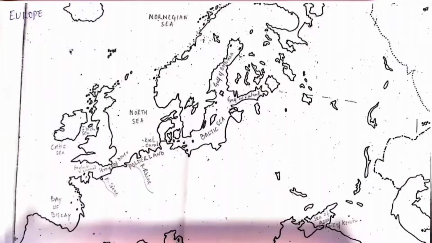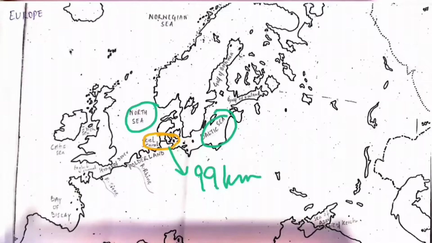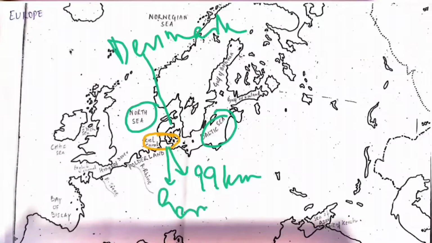Let's see that this is the Kiel Canal, connecting the North Sea to the Baltic Sea, and it is a 99-kilometer long canal acting as a natural boundary between Denmark and Germany. So this is Denmark and this is Germany.